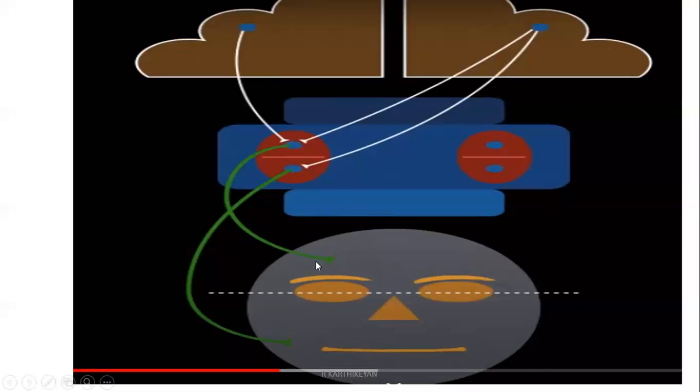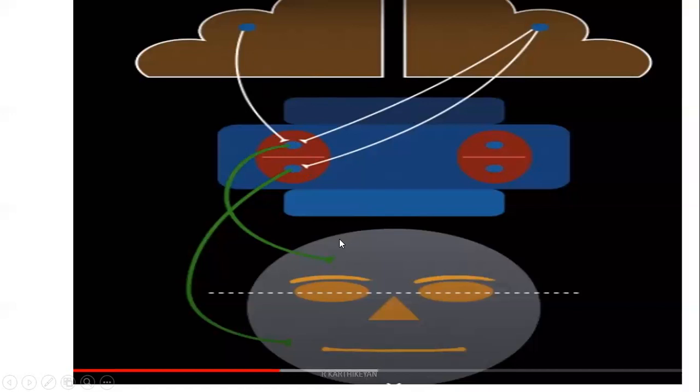Why? Because we saw the upper part of the face is supplied by nerve fibers on both sides. So if this fiber is damaged, the other fiber is supplying all the necessary things required for the muscle to be activated. So the upper part of the face has both an ipsilateral connection as well as a contralateral connection.